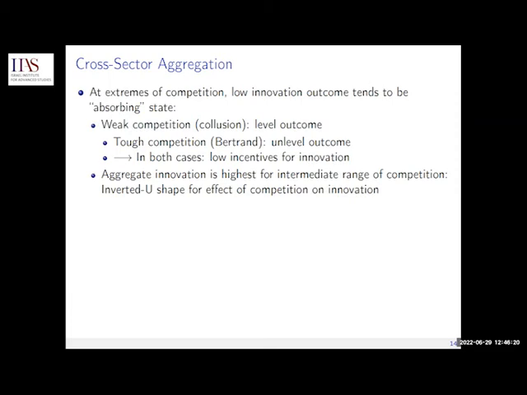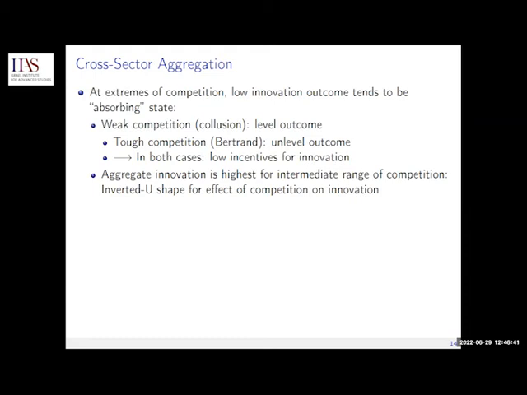So that's why that becomes the absorbing state. And then in the tough competition case, the absorbing case is going to be the unlevel outcome, where one firm is going to be ahead of the other.